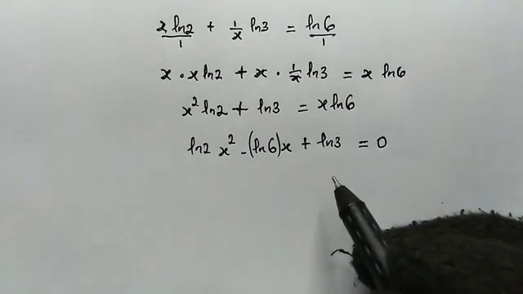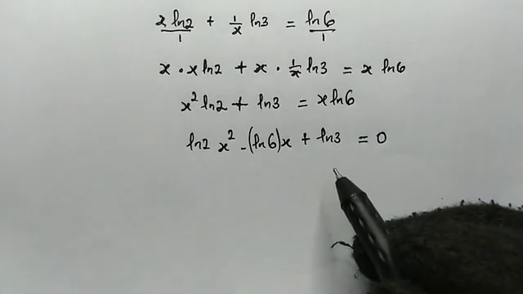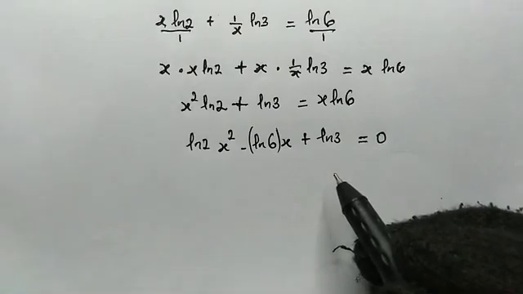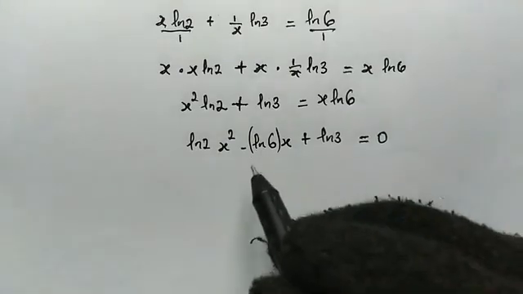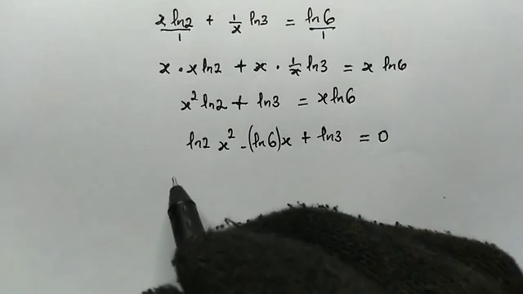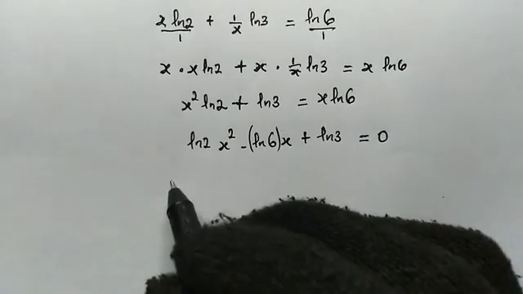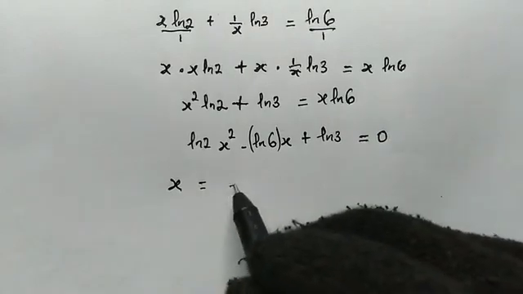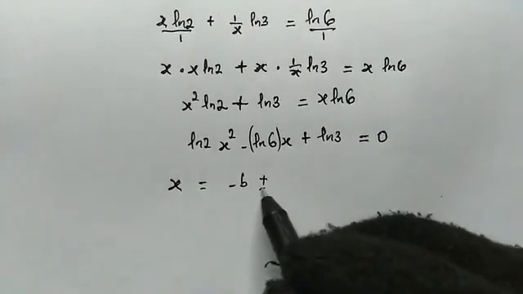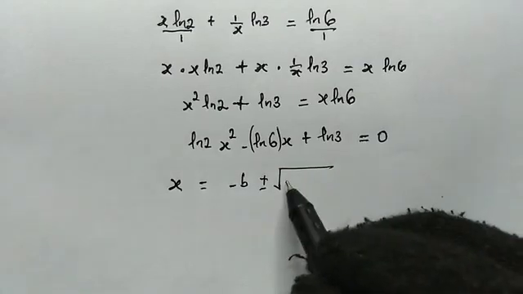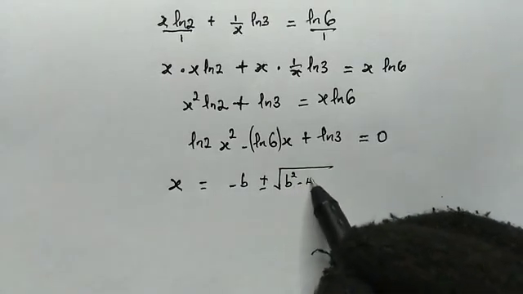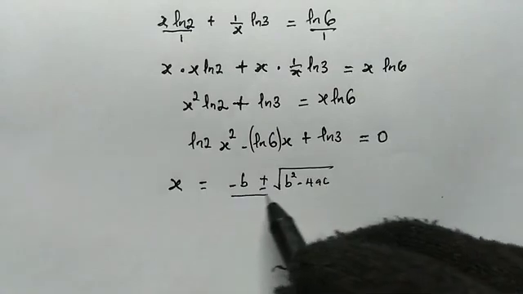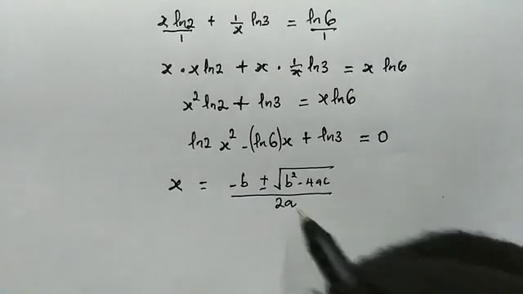Now carefully looking at this equation, we realize that this is a quadratic equation, which we are going to solve using the general quadratic formula, right? So here we're going to make use of the general quadratic formula. We have that x will be equal to negative b plus or minus the square root of b squared minus 4ac, then divided by 2 times a.